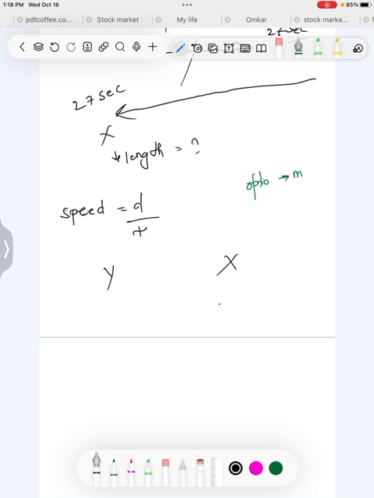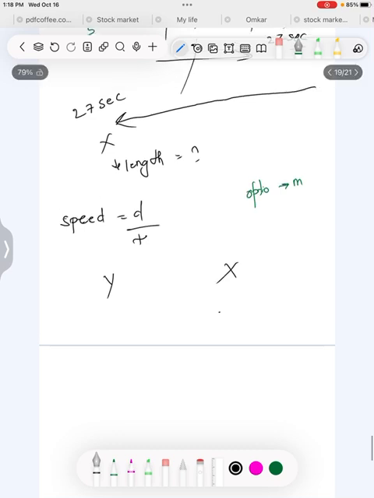Y is coming this way, X is going this way. And as X has crossed Y in 27 seconds, they are asking to find the length of X.